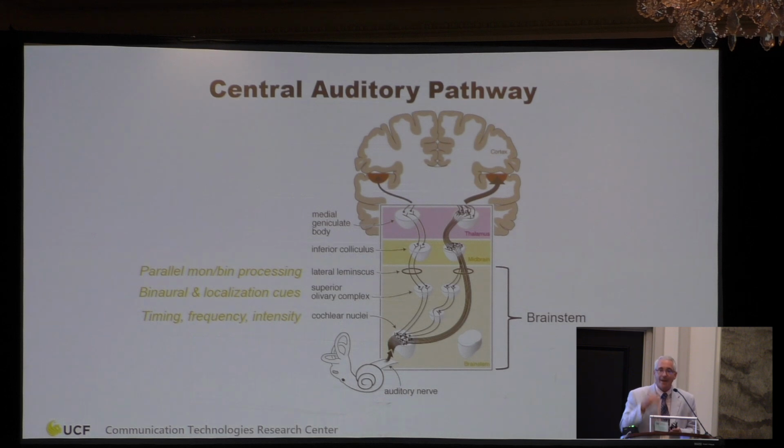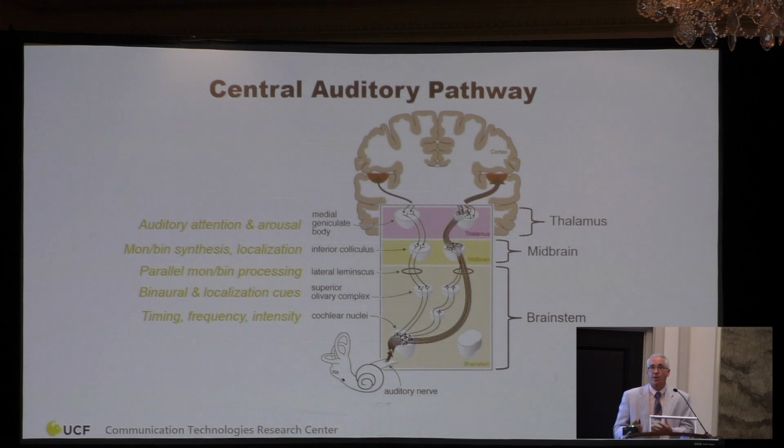In the next station, the lateral lemniscus, we start to get parallel pattern processing from both the monaural pathway and the crossing over binaural pathway. Finally, we begin to synthesize those patterns and start the basis of what happens at the next stage, which is generating arousal and attention to sound.